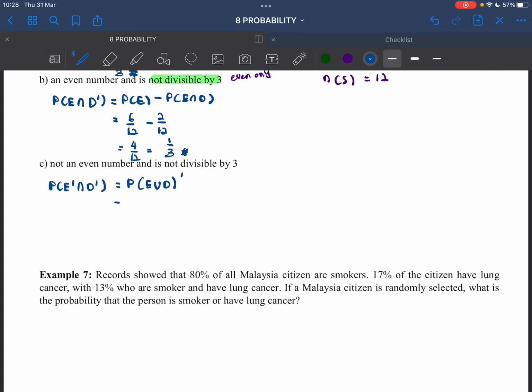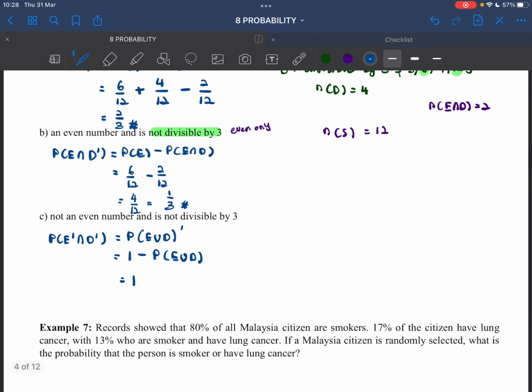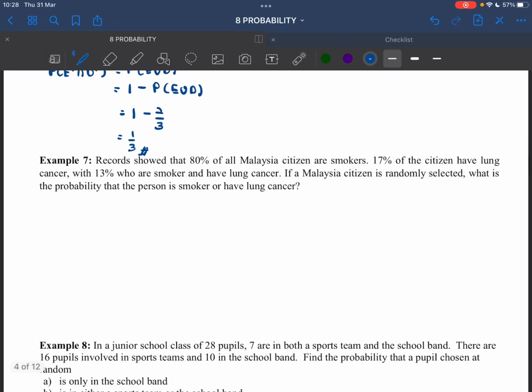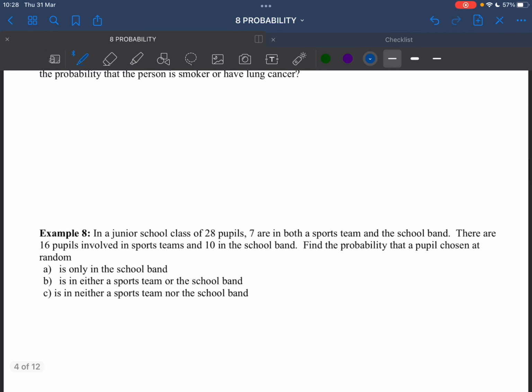Okay, this one we cannot just find directly. So you have to change it into 1 minus P(E union D). P(E union D) is from question A, so we have 2 over 3. 1 minus 2 over 3 is equal to 1 over 3. And that's it. That is how you use the formula for intersection and union. Okay, so let's see the next example here. Okay, not the last. We have 2 more examples.